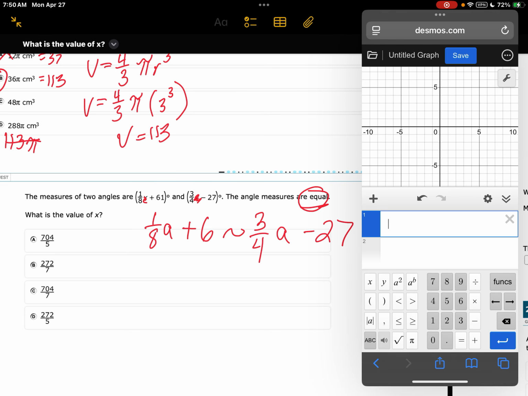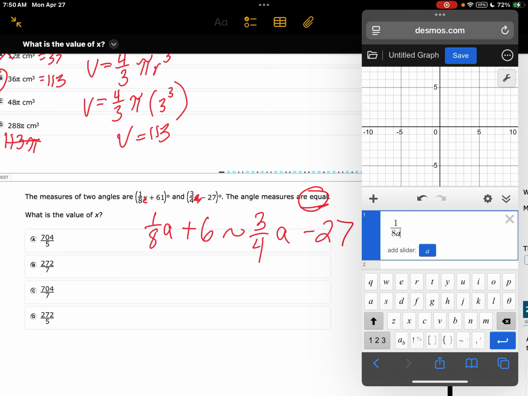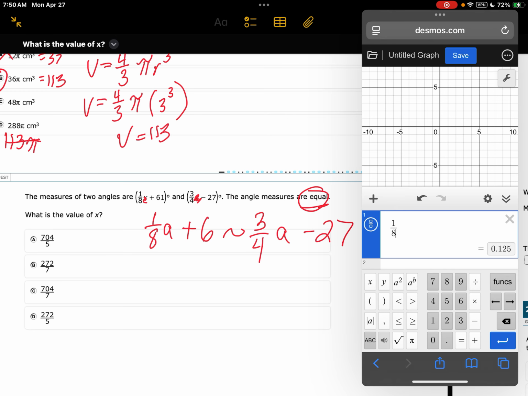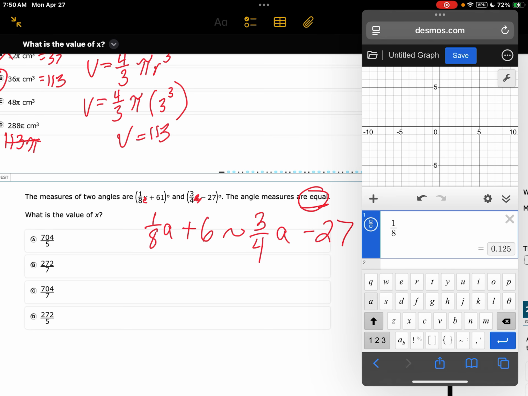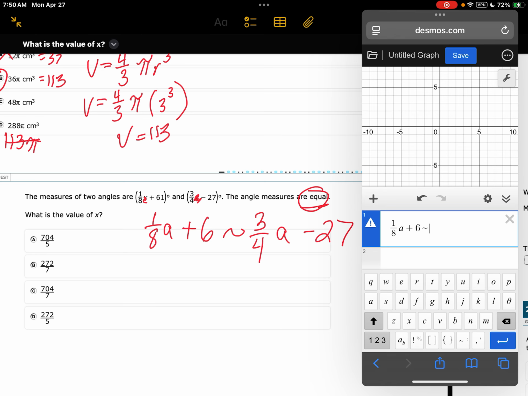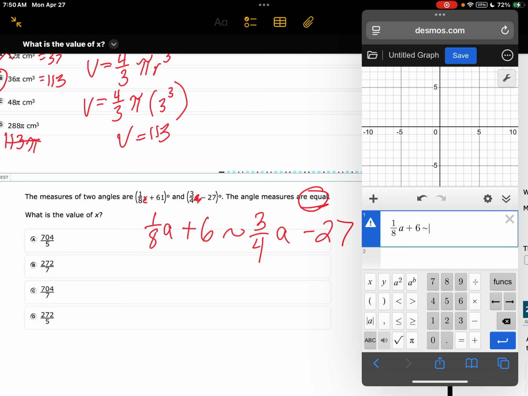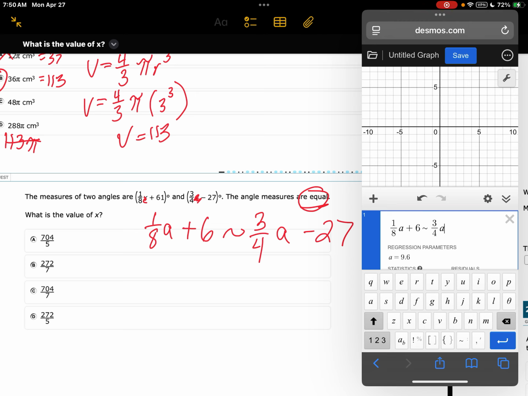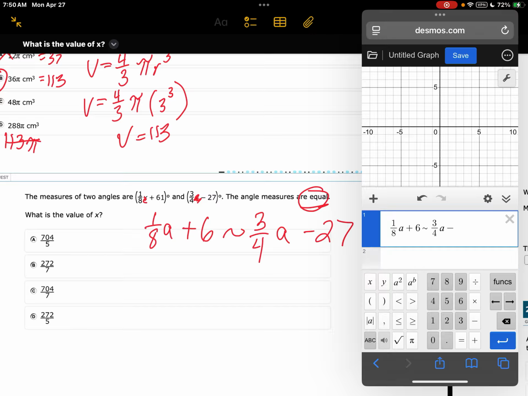And so 1/8. Okay, nope, that doesn't look like the way it said it, so I got to scoot the cursor over A. And then plus 6 squiggle, or tilde, whatever, 3/4, scoot that over, A minus 27, we get 52.8.